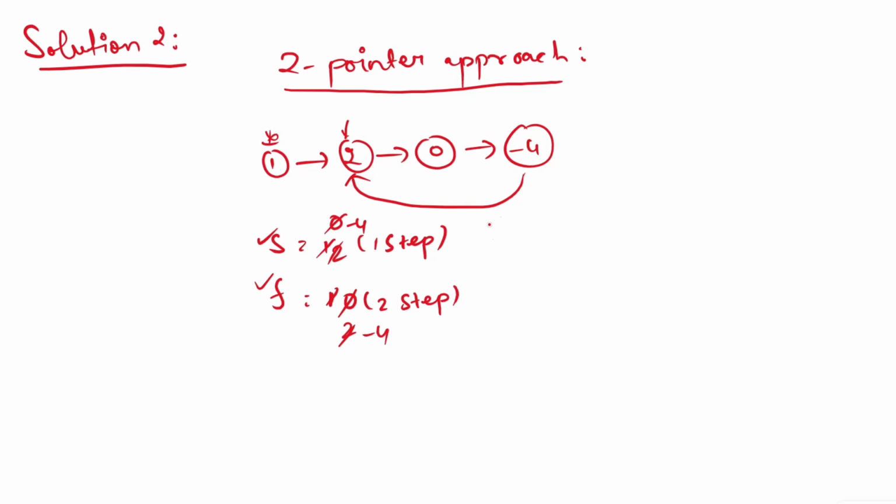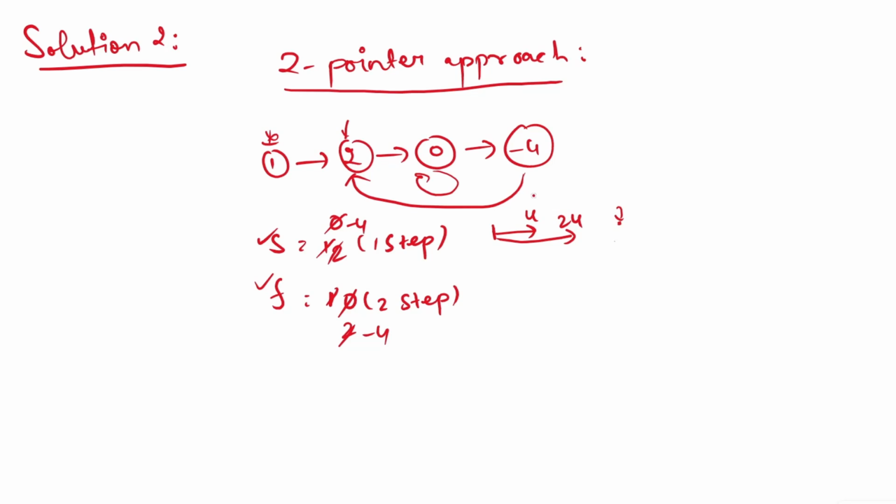As you can see, both of them are moving at different speeds. If they start from the same point and one is moving with speed u and the other with 2u, they will never meet at the same point at the same time if there is no cycle. That means there is a cycle in which fast is moving, and that's why fast and slow point to the same node.